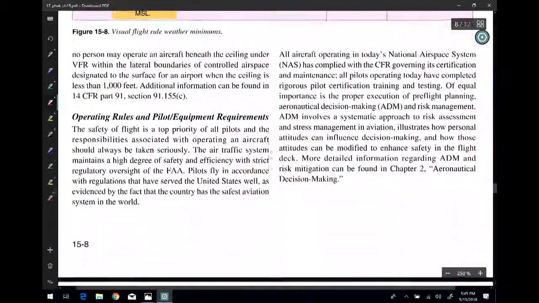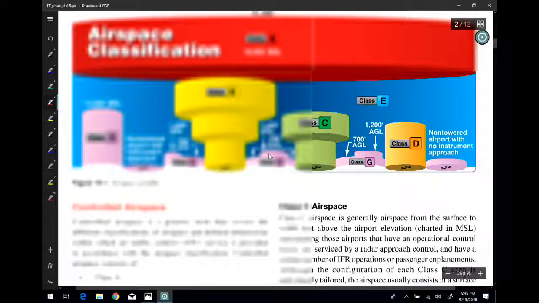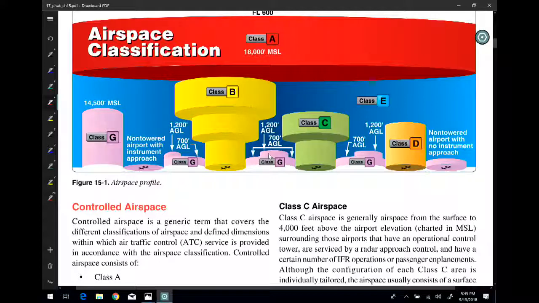Now then, let's go back and look here at the top of this illustration, as soon as this gets unfuzzy. So you can see the Class Alpha airspace up here. Well, red on red, that's kind of a thing. Blue, Class Echo. Okay, you can see where that is.